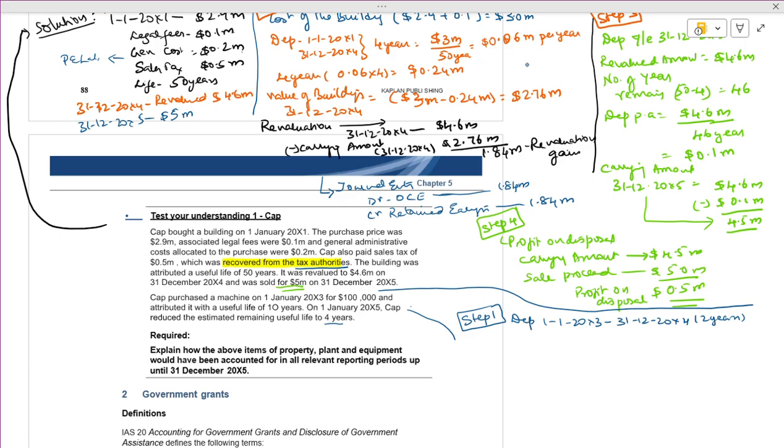How much is the cost? Depreciation is cost of 100,000 divided by 10. It comes to how much?